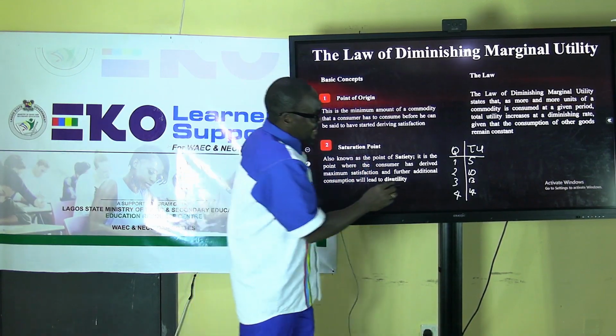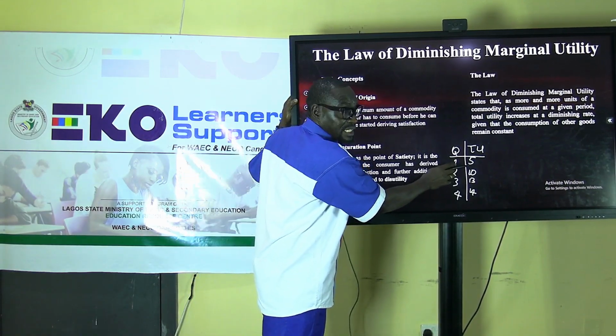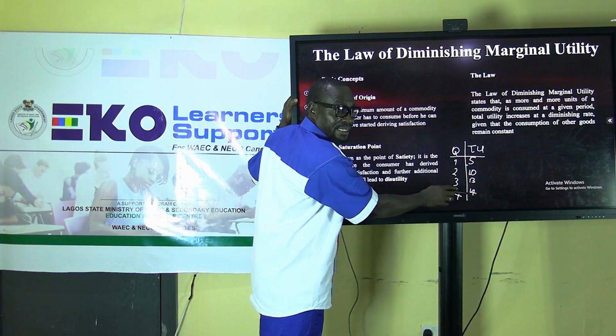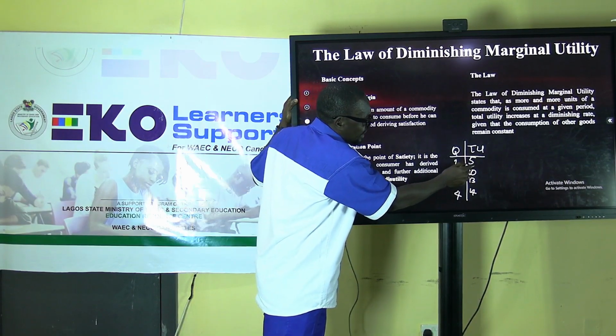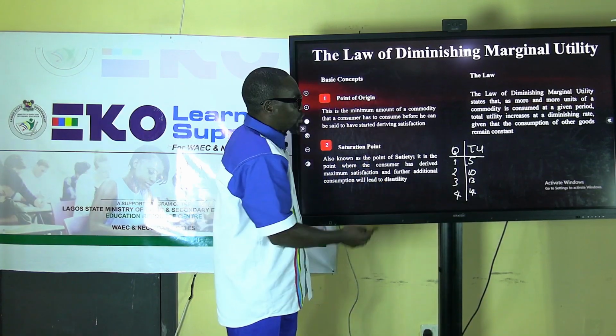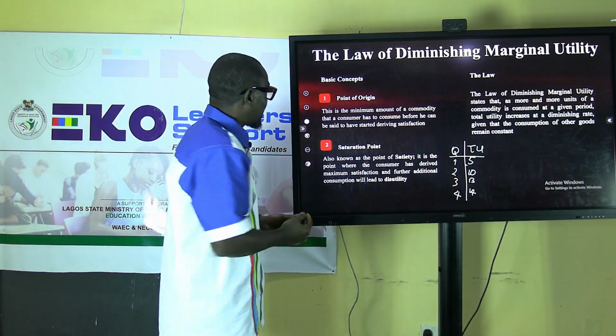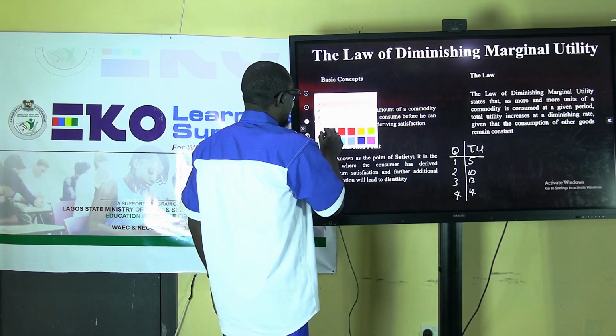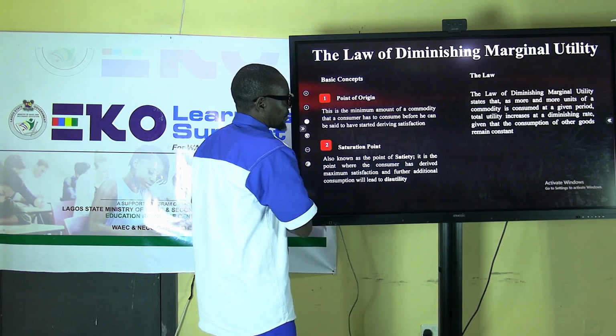So, the increase in total utility, as you see, is at a diminishing rate. The increase here is 5, here it is 3, here it is 1, and so on. And that is essentially what the law of diminishing marginal utility is saying.